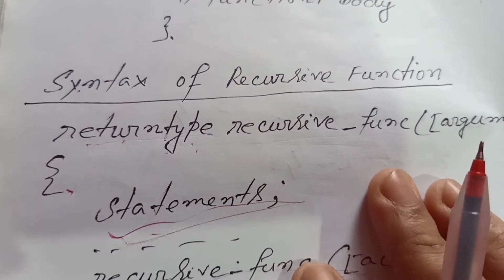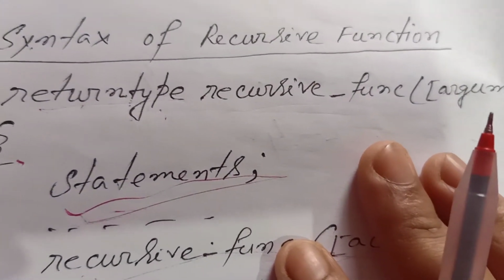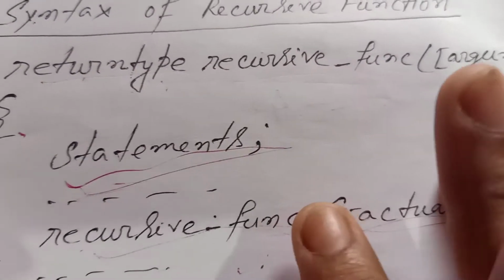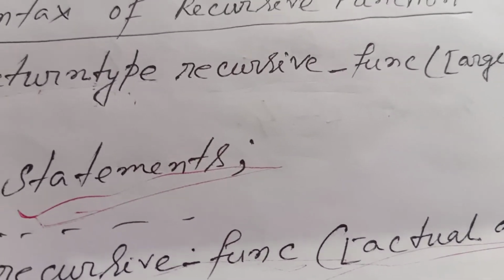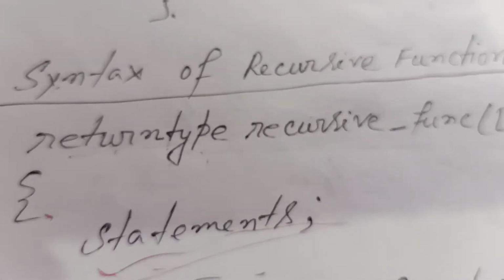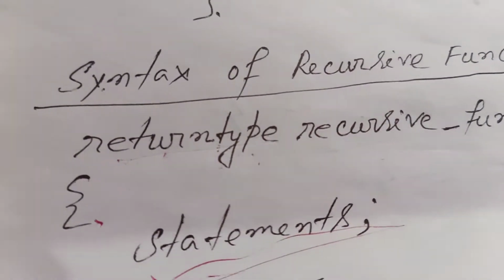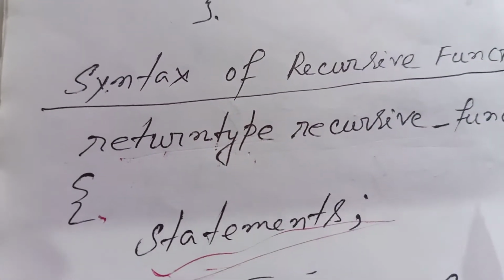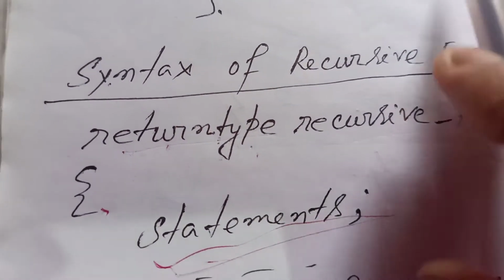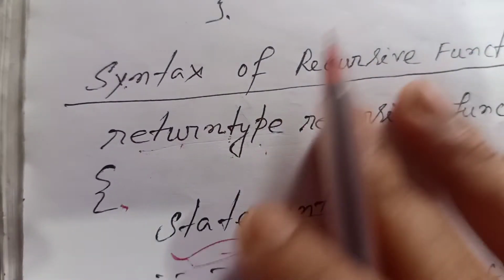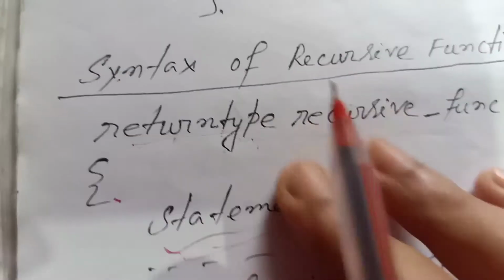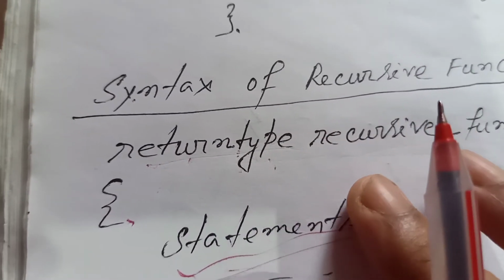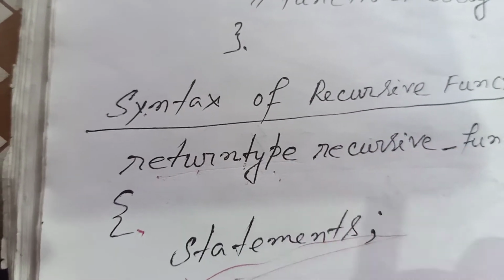Now, in the definition of recursion, we have used a term that is nesting. So we should know first what is nesting. Nesting means the similar work or similar type is used repeated times.